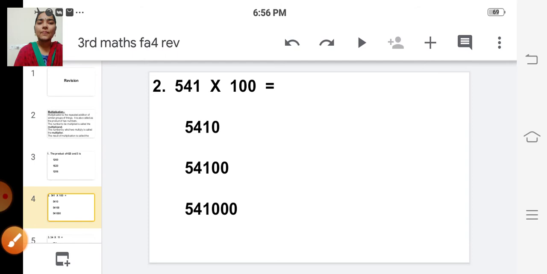The next one, 541 into 100, which is equal to dash.